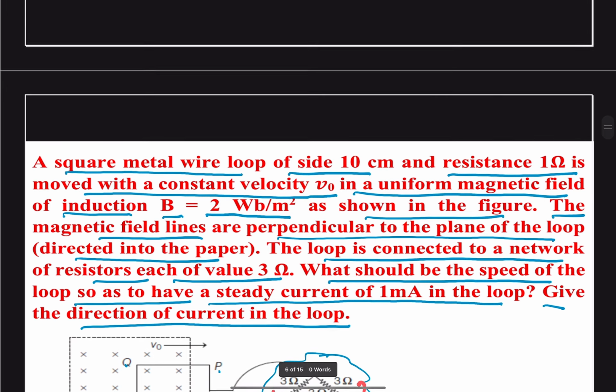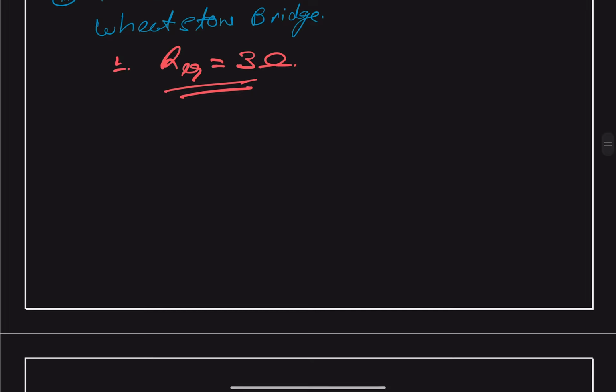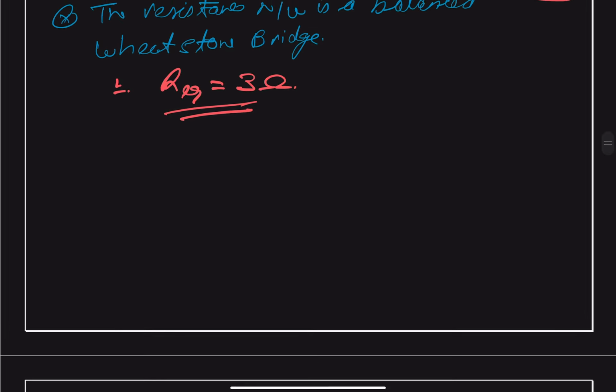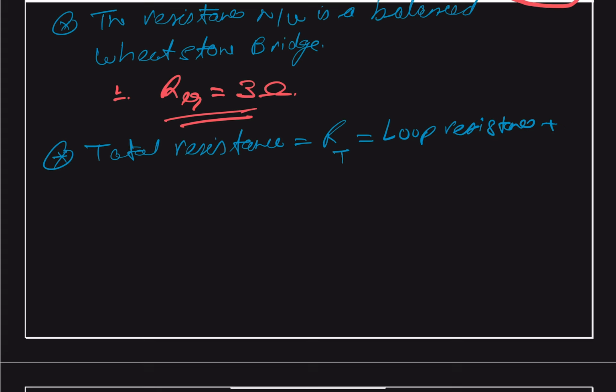In this case, it is also given that the square metal loop has a resistance of 1 ohm. So the total resistance of the network, consisting of the resistance network as well as the loop, let us call it R total, will be equal to the loop resistance plus R equivalent.